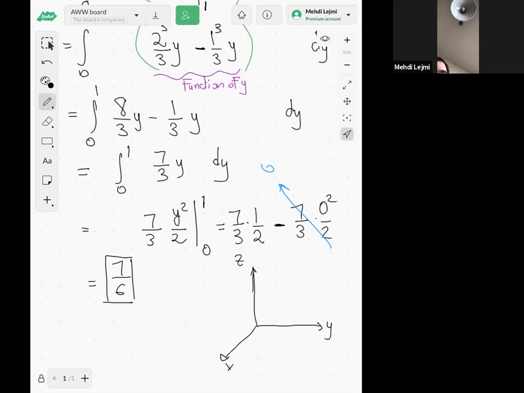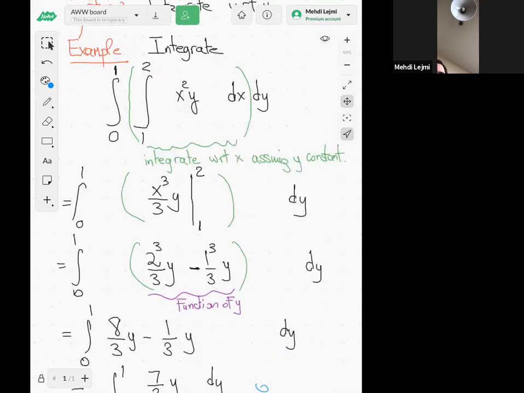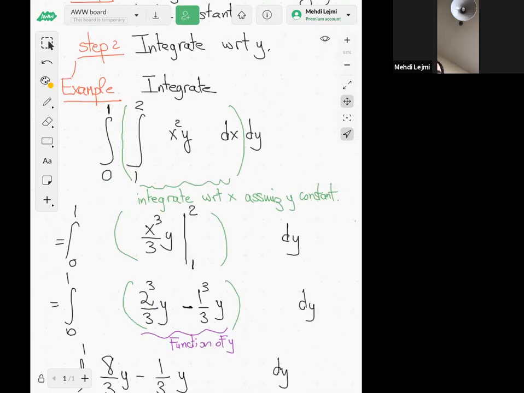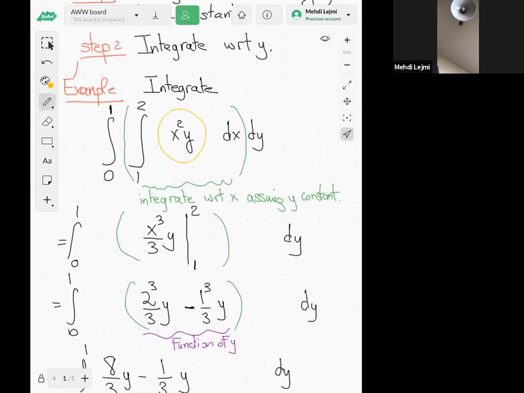So x goes from 1 to 2, and y from 0 to 1. All right, and then you have your function f of xy. So in our example here, our function f of xy is x squared times y, right? That's my function f here.